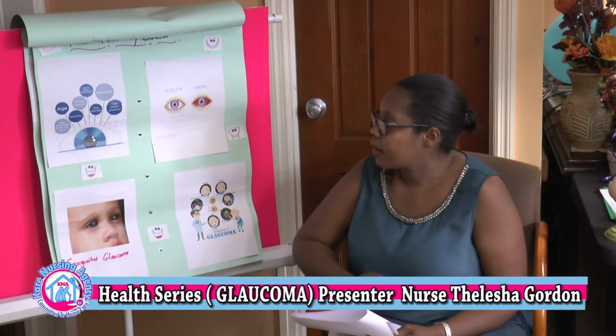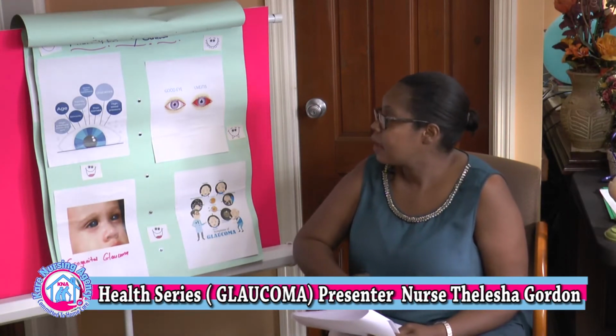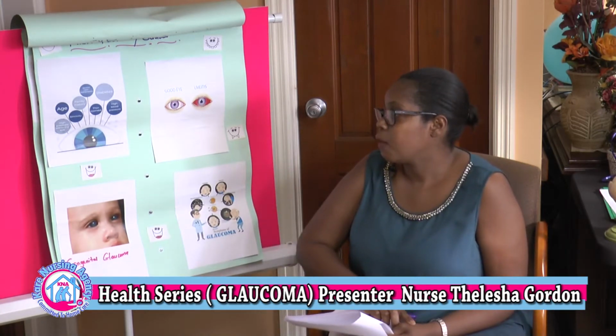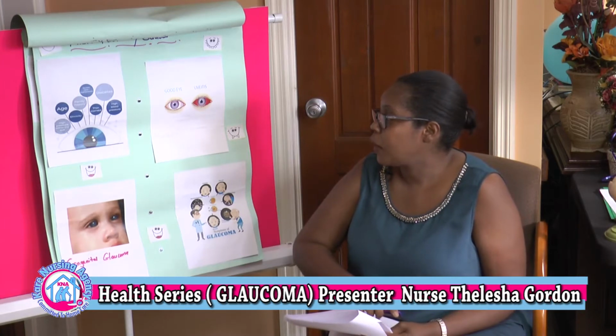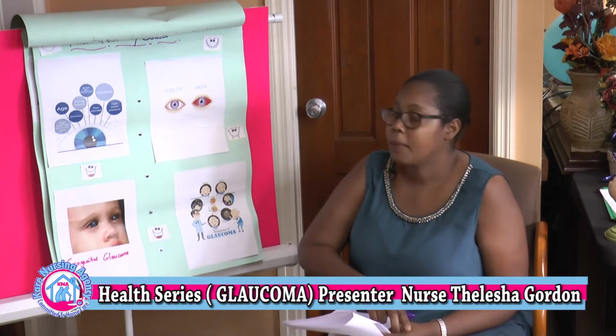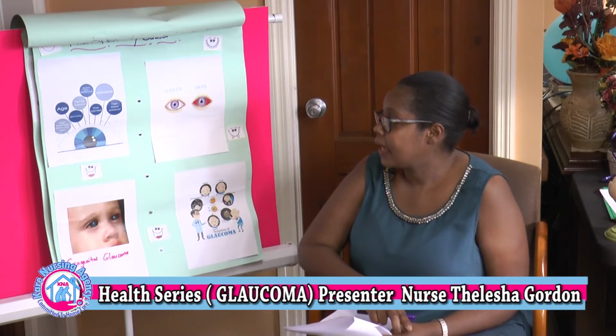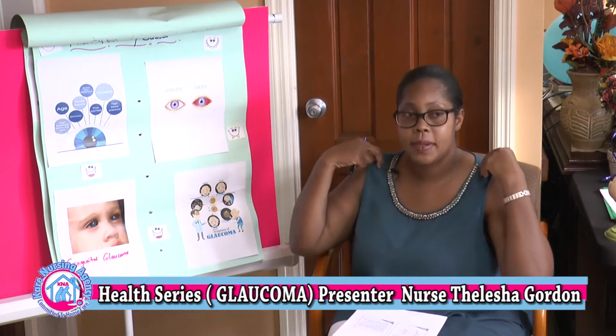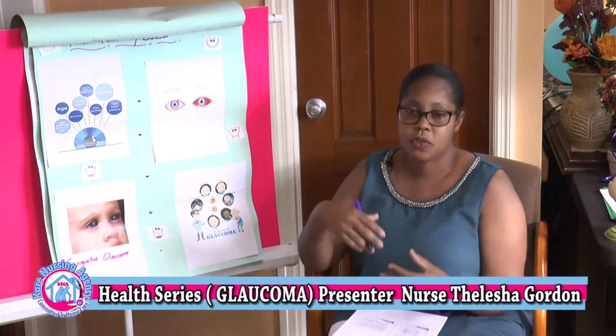Diabetes. Like any other chronic condition, diabetes and high blood pressure are other risk factors for developing glaucoma as well. In diabetes, when the blood sugar is too high, the lens in the eye absorbs fluid and begins to swell. That's why some persons, when they have a high blood sugar reading, have blurry vision.